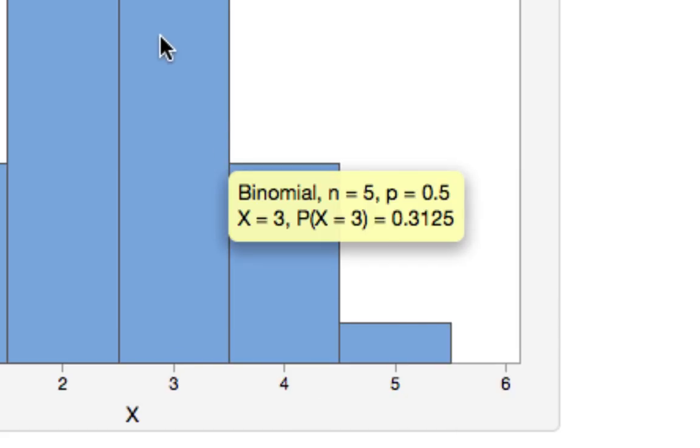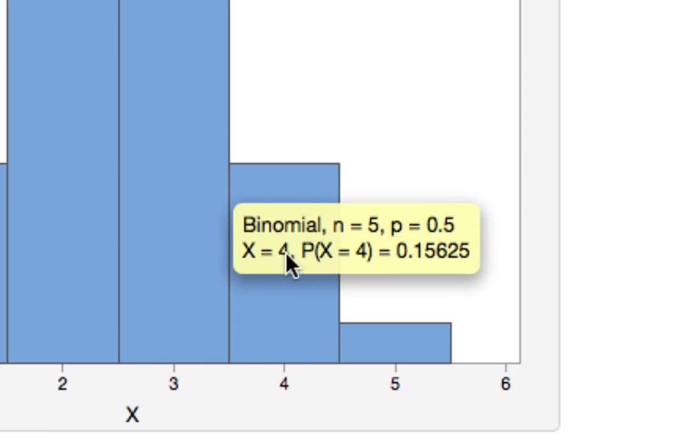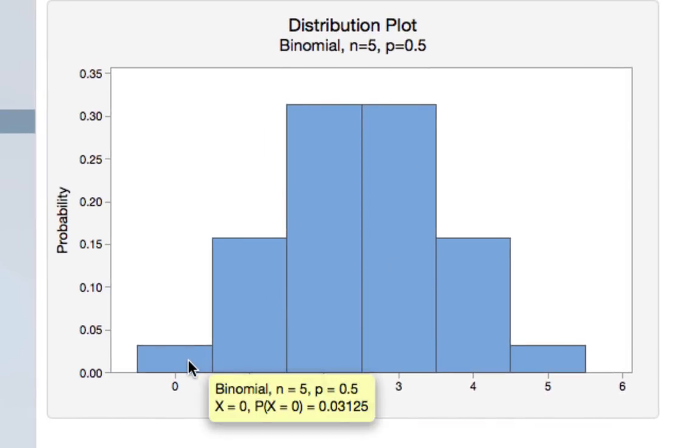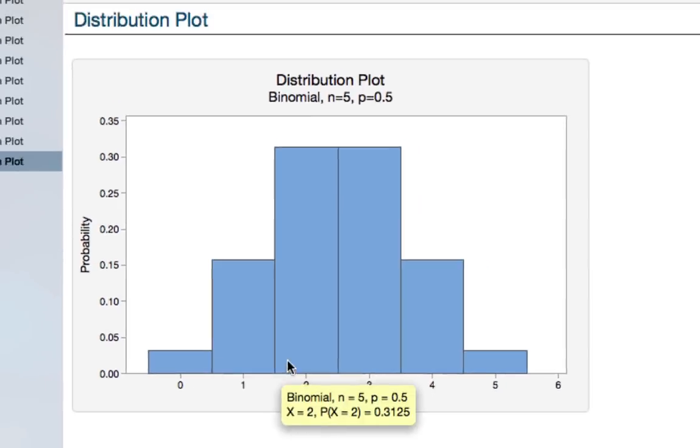We also found p that x equals 3 of 0.3125. Oftentimes, it's much quicker to use Minitab Express to find these probabilities than to do it all out by hand.